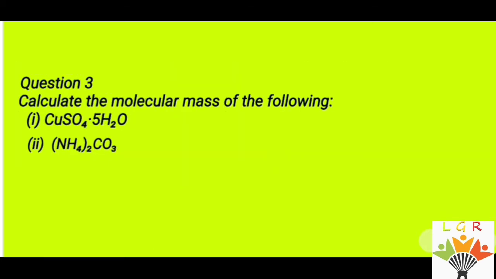Now calculate the molecular mass of the following. The first is copper sulfate pentahydrate. So let us write the atomic weight of each element present in the molecule. Copper is 63.5, plus sulfur is 32, plus 4 oxygen, 4 into 16, that is 64, plus 5 water.